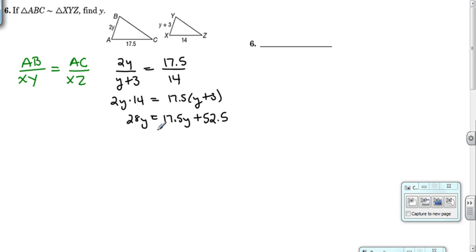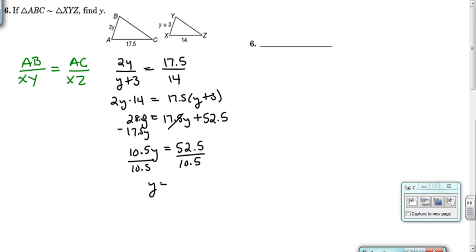So then I can subtract 17.5Y on each side and get 10.5Y would equal 52.5. Divide each side by 10.5. So Y equals 5.